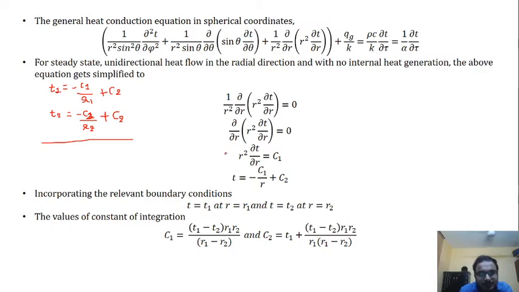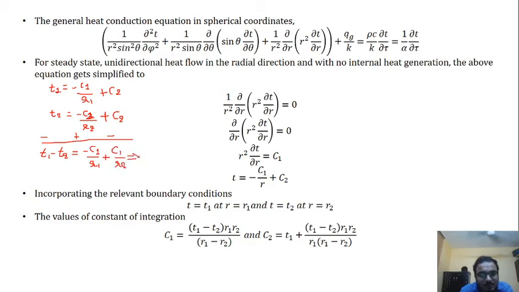We have applied both the boundary conditions here, and we will take a difference of these two. So C2 will get eliminated, so we are having now T1 minus T2 equal to minus C1 divided by R1 plus C1 divided by R2.